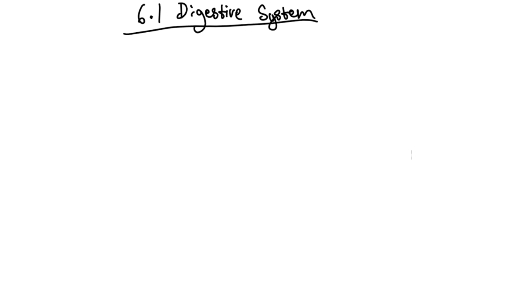I tried to cover the whole digestive system in under 15 minutes. Digestive system, topic 6.1 in IB biology, but this is pretty much what you need to know at high school level. So let's recap the main things. We learned about how mechanical digestion and chemical digestion work. We also learned about how the small intestine and the stomach function.